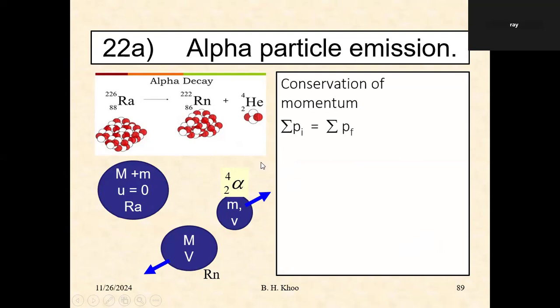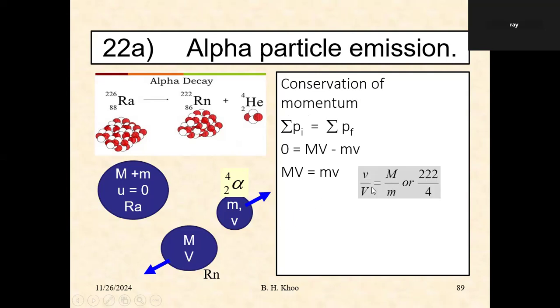The conservation of momentum: sum of momentum initially equals sum of momentum finally. So 0, right? Initially 0. If we take this one as positive, then the opposite direction will be negative. And we get MV equals mv.